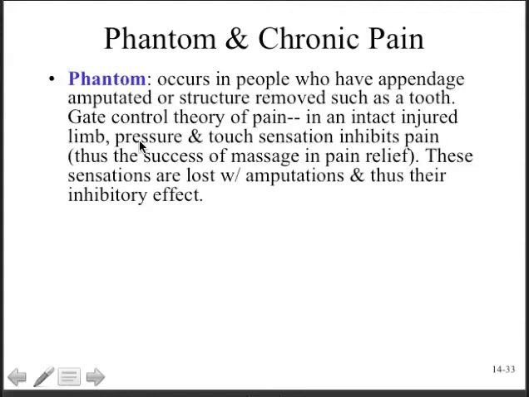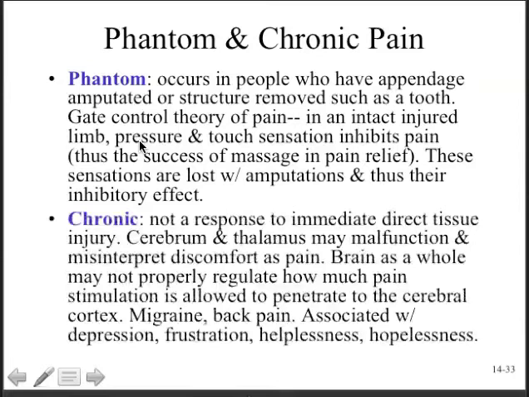This is why massage is effective in pain relief. But these sensations are lost with amputations, and as a result, we lose that inhibitory effect. So what's happening here is that this sensation of pain is actually being generated by the nervous system itself as opposed to an actual painful stimulus via nociceptor.